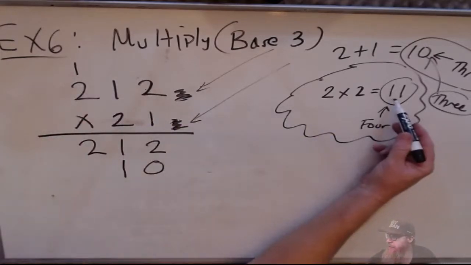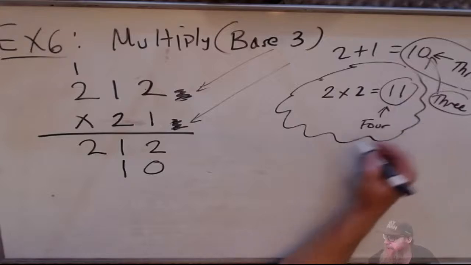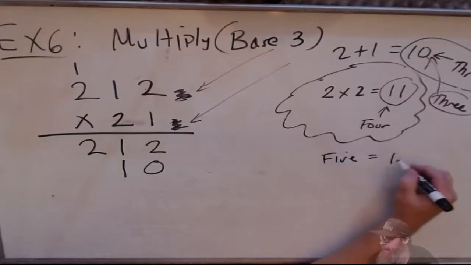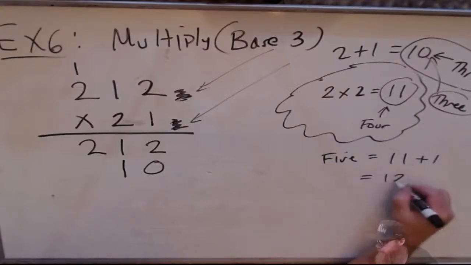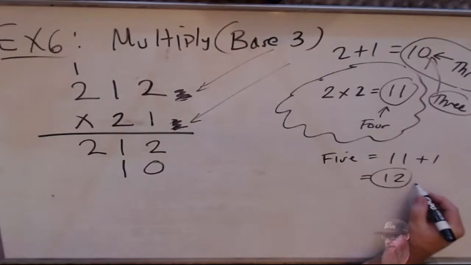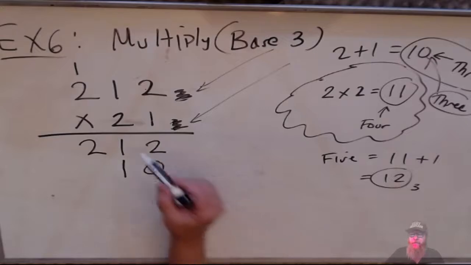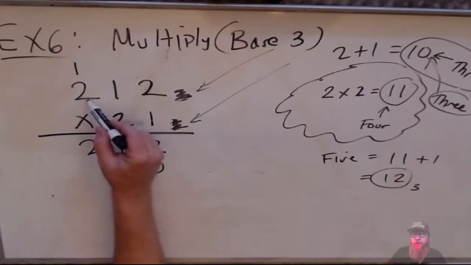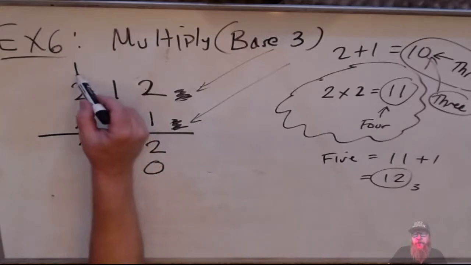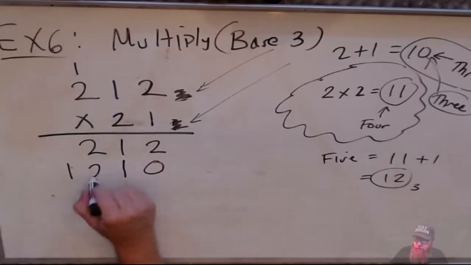Well, if 4 looks like 11, then 5 looks like 11 plus 1, which looks like 12 in base 3. So 5 looks like 12.